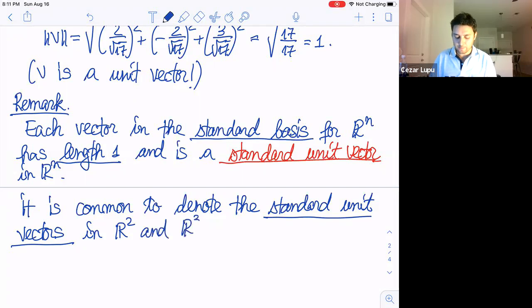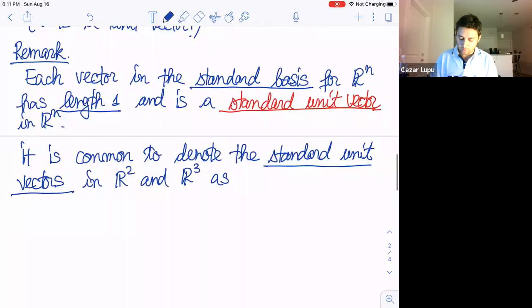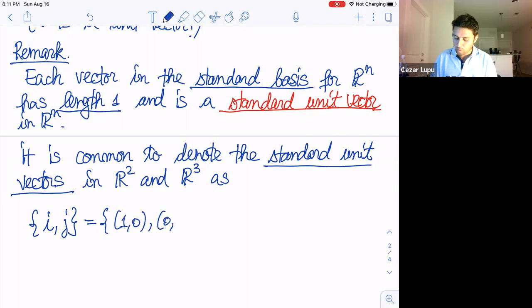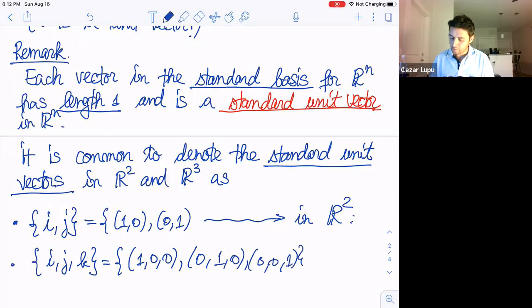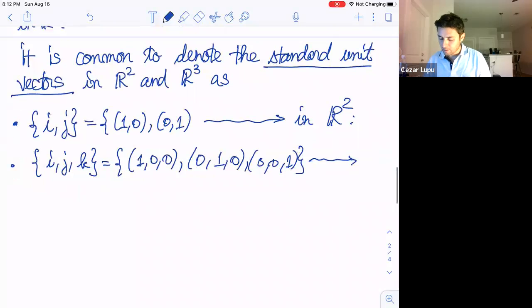We'll denote them i, j. These are the unit vectors in R2, with components (1, 0) and (0, 1). Then in R3, we'll have the unit vectors i, j, k, denoted as (1, 0, 0), (0, 1, 0), and (0, 0, 1).